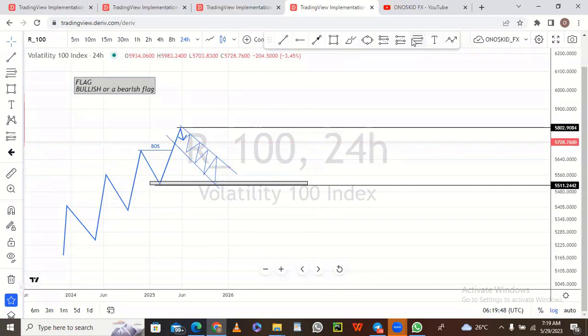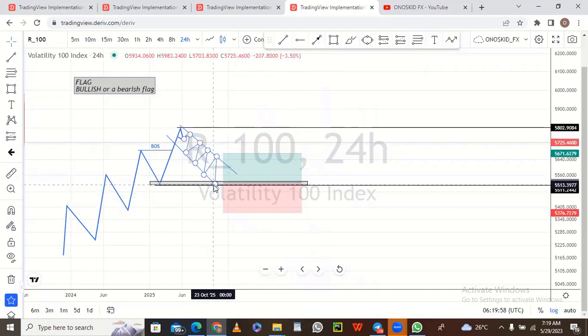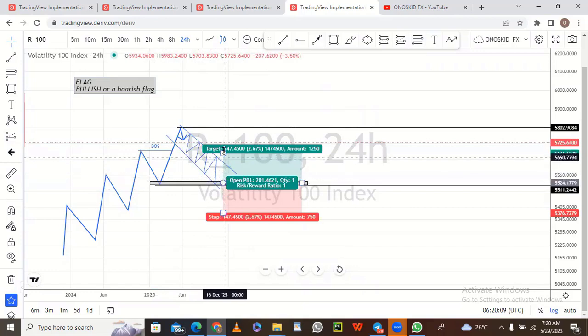This is where my entry is going to be. I'll enter from here after seeing my confirmation candles, because here there is a confluence of this trend line, and there is also a support line. So I have reasons why I can take this trade, but this is how you can trade a flag.